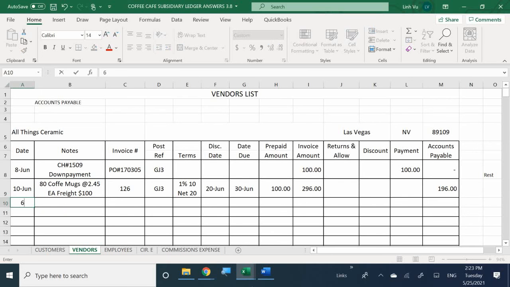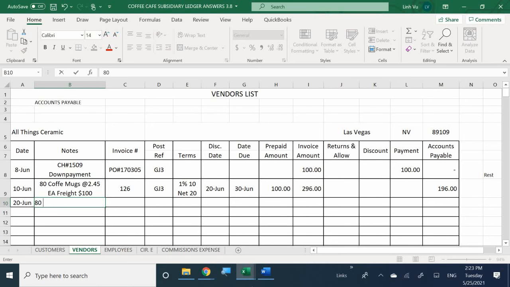All the ceramic. Where can we? Oh, vendor. 620. 80 coffee mugs at 2.46 each.